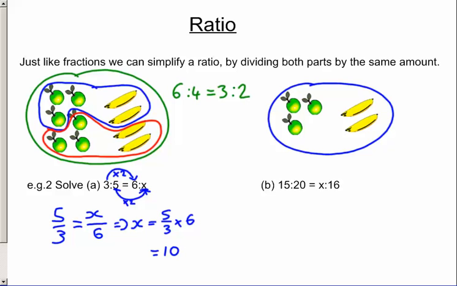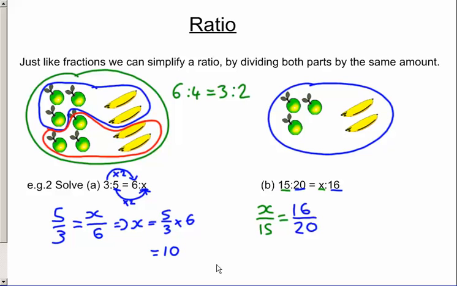In example 2, we're going to do the same thing. This time we're going to compare between ratios, that's also fine, as long as you use the same one. So we're going to compare the 15 with the x, we get x over 15, and that's equal to, we have to do it in the same order, so it has to be 16 on top, because the x is on top, and 20 on the bottom.